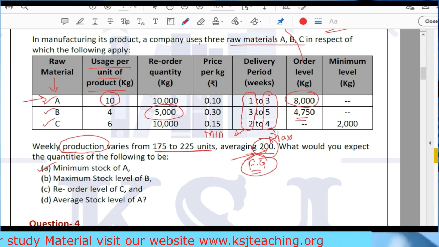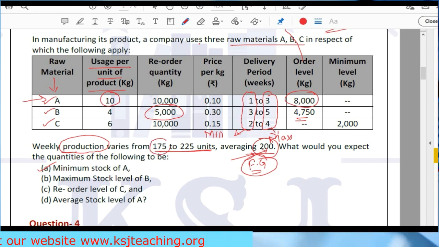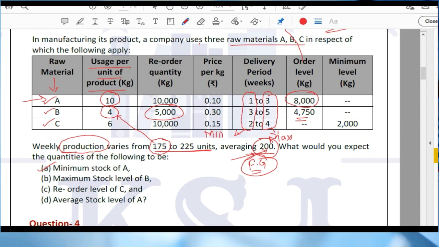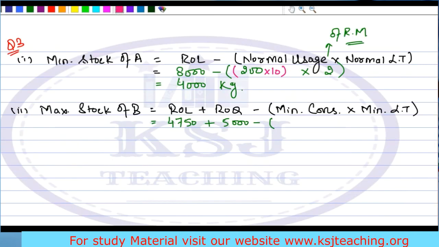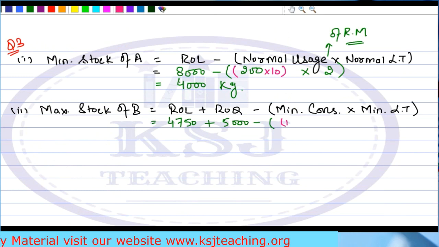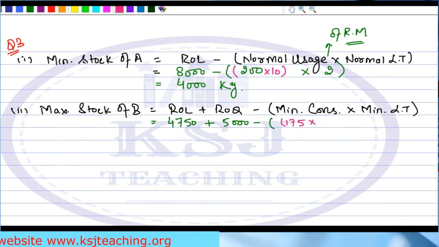Sir, minimum production is 175 units. For 1 unit, you use 4 units of B. So for 175 units, how much consumption will be of B? So here I will write 175 multiplied by 4. Clear? This is the minimum consumption. Now multiplied by the minimum lead time.